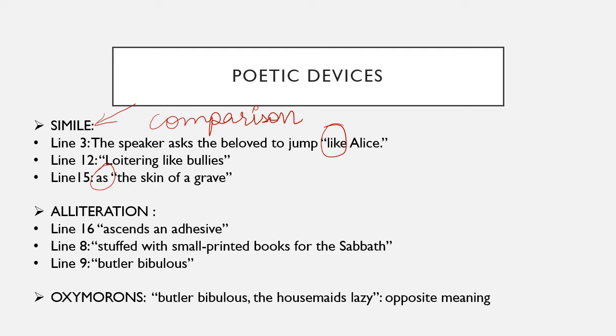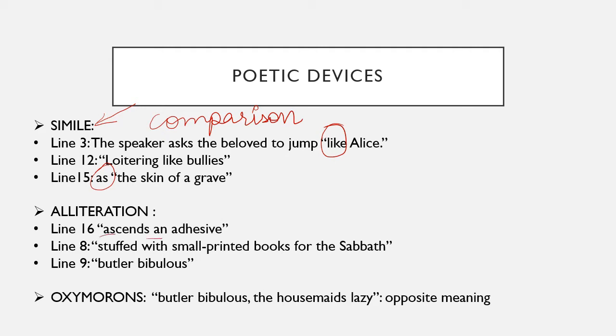As it is written here, line number 3, the speaker asks the beloved to jump like Alice. So it is a comparison. It becomes a simile. Loitering like bullies. Simile again. As the skin of a grave. Simile again.